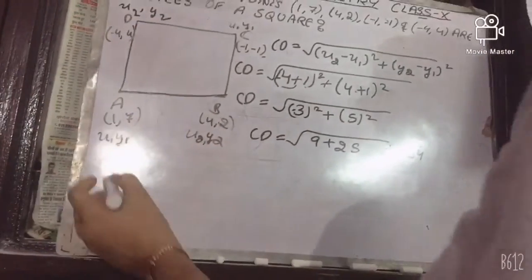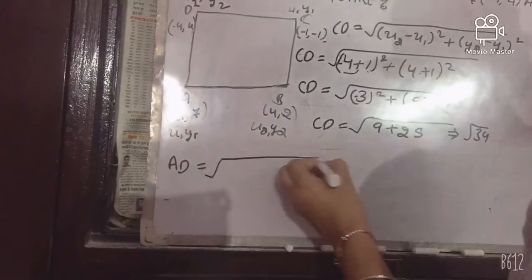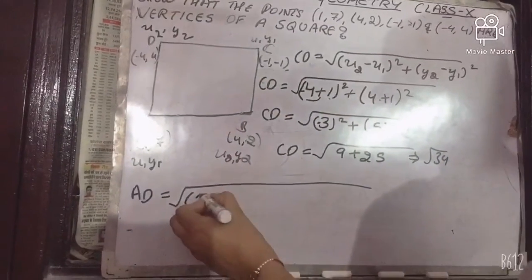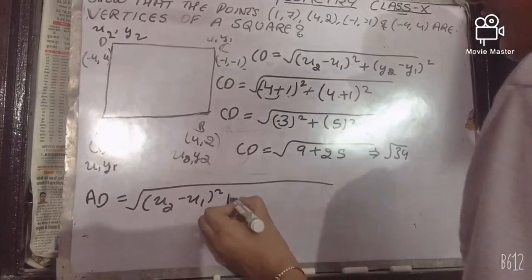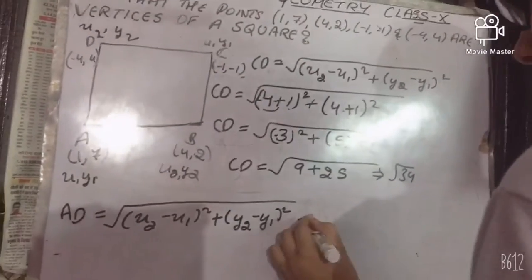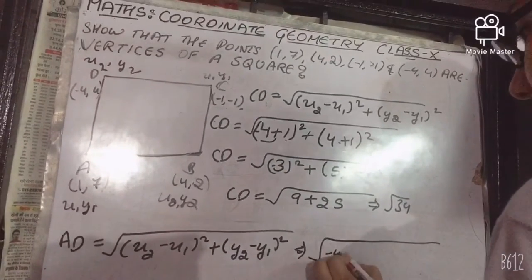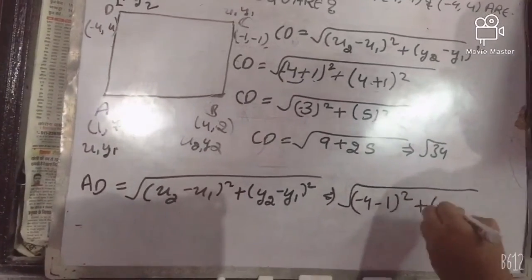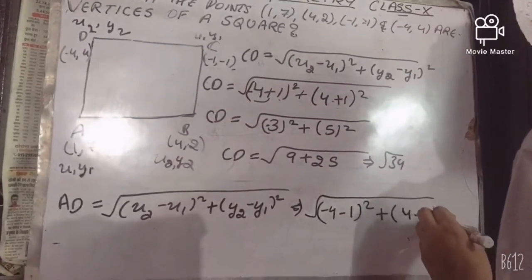Now the last side is AD. It is already mentioned, so I don't need to write it again. You can mention it in your diagram so that you don't get confused about where it is x1, where it is y1. Otherwise you can by mistake write the same values, so your answer will be wrong. Then again the same process, minus 4 and minus 1 square plus 4 minus 7 square.